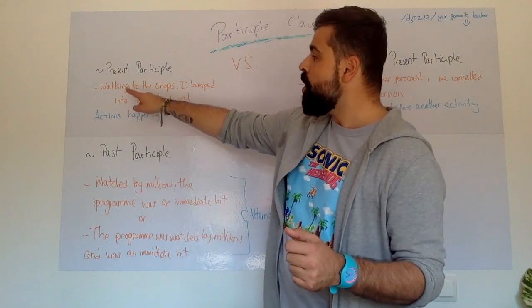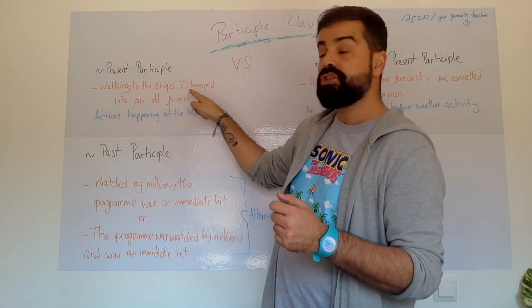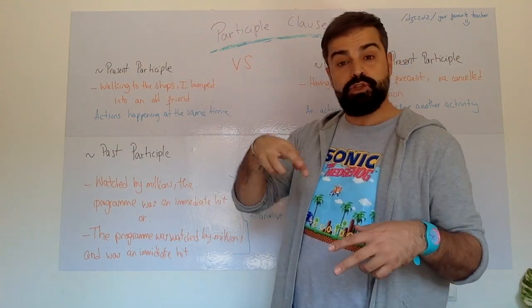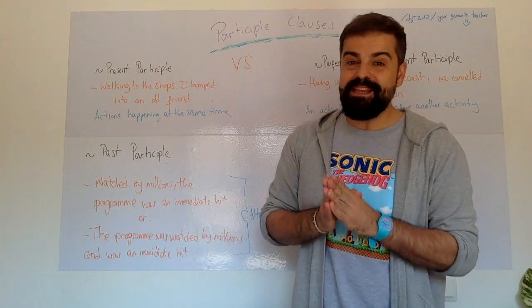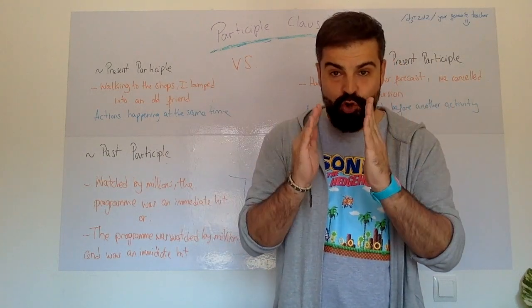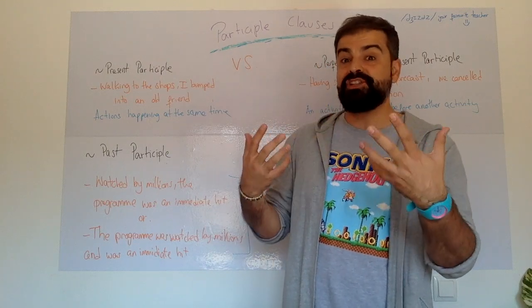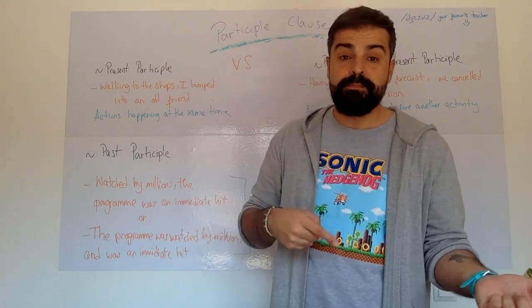And it says, walking to the shops, I bumped into an old friend. Well, what does it mean? It means that we are just making a sentence short that actually is saying, when I was walking to the shops, I bumped into an old friend.